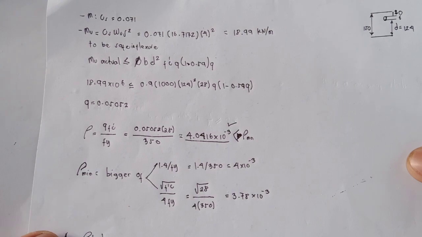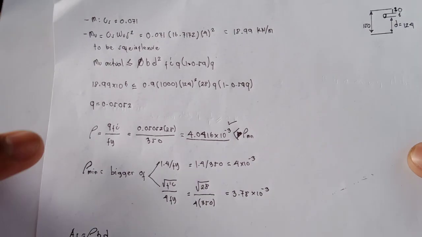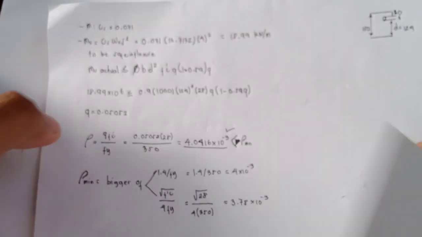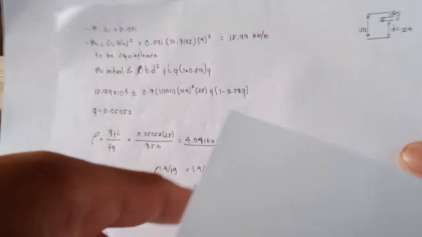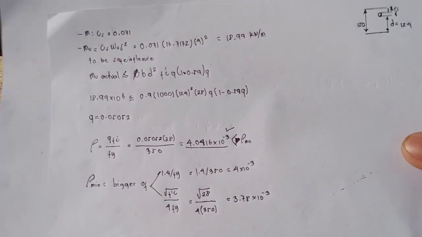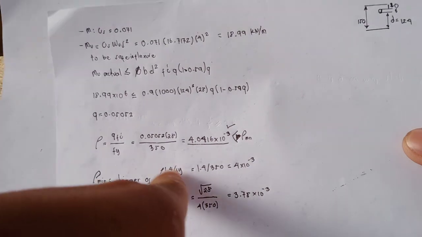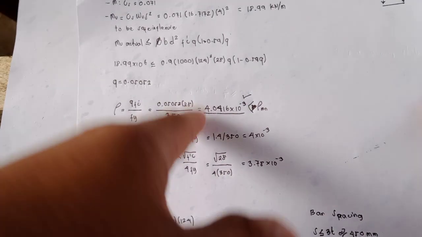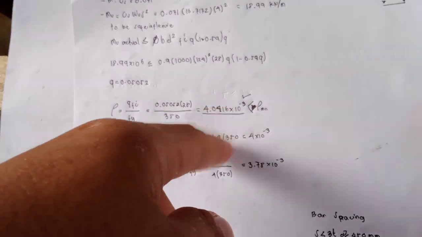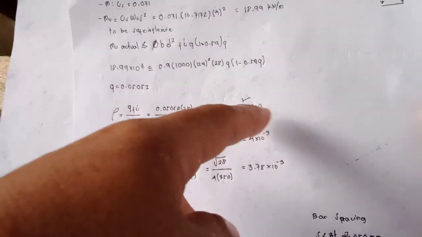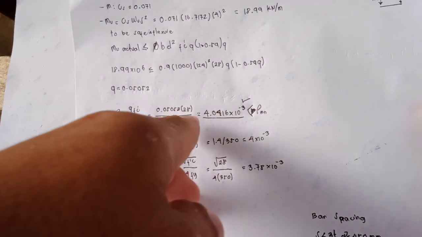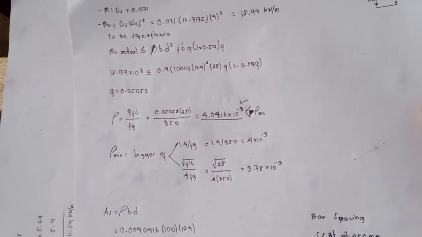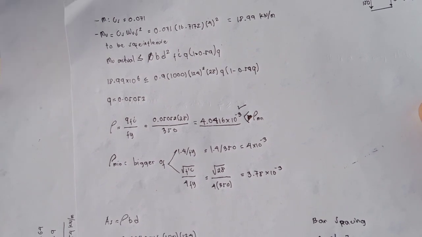So rho equals 0.05052 times 28 over fy equals 350. So it equals 4.0416 times 10 raised to negative 3. That is our rho minimum.